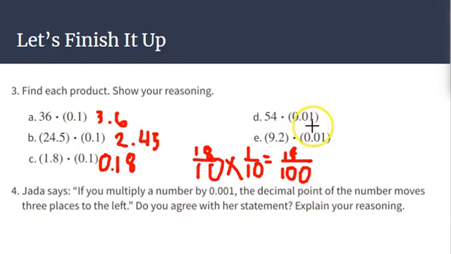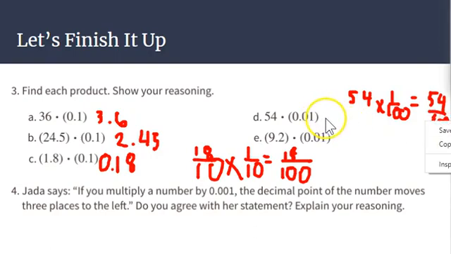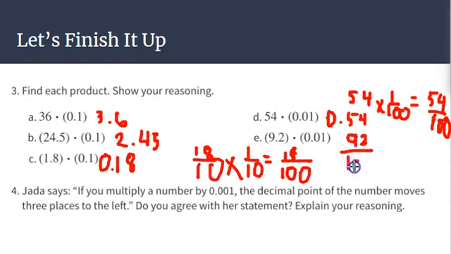What about here? Yeah, this is going to be 54 times 1/100th, which gets you 54 hundredths, which gets us 54 hundredths as a decimal. Same thing again here. We have 92 tenths.